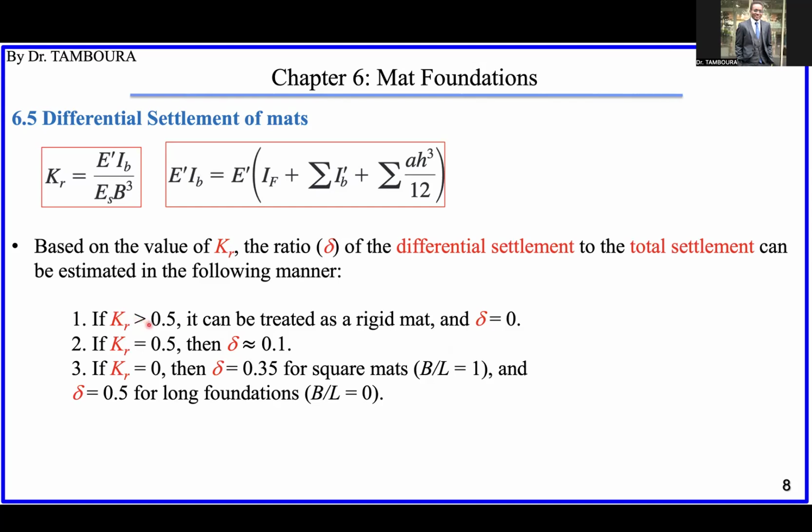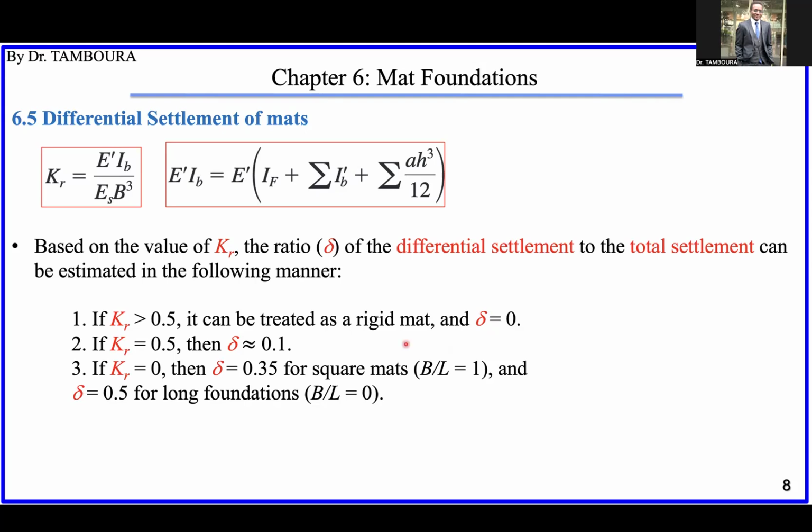If this coefficient KR is larger than 0.5, then we can treat the foundation as a rigid one. That means there will not be any differential settlement.